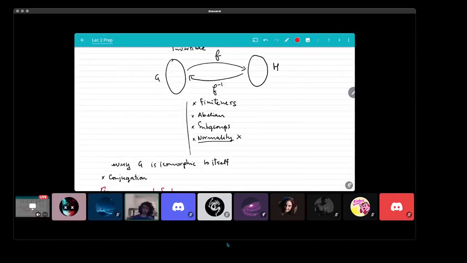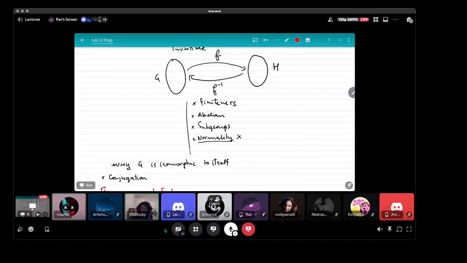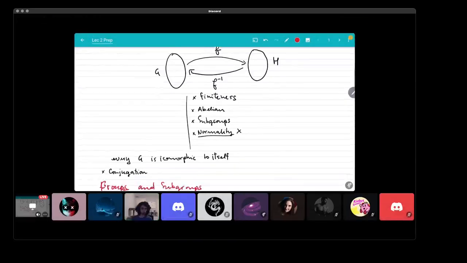Real quick before we move on, a question from the chat. If a subgroup is only the identity, would that be an instance when it doesn't have a subgroup? Is that the sort of thing you're talking about?